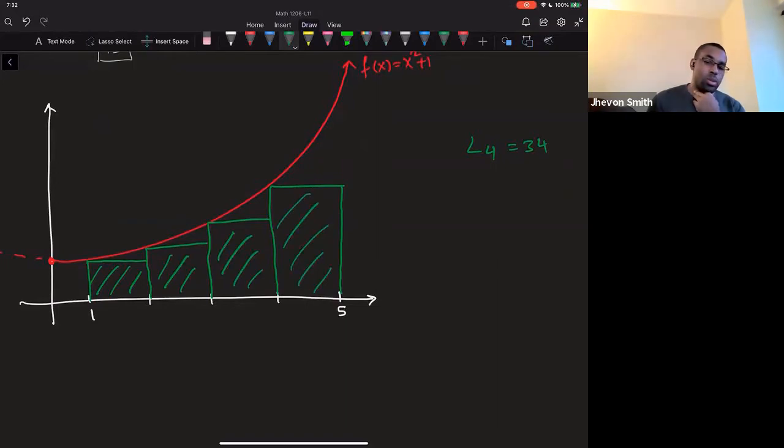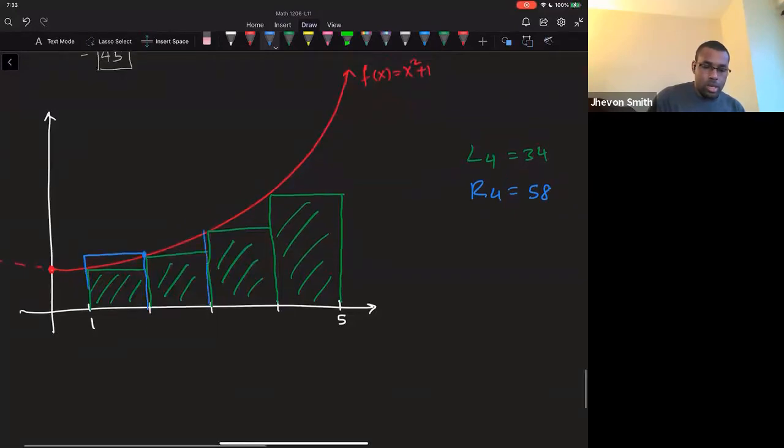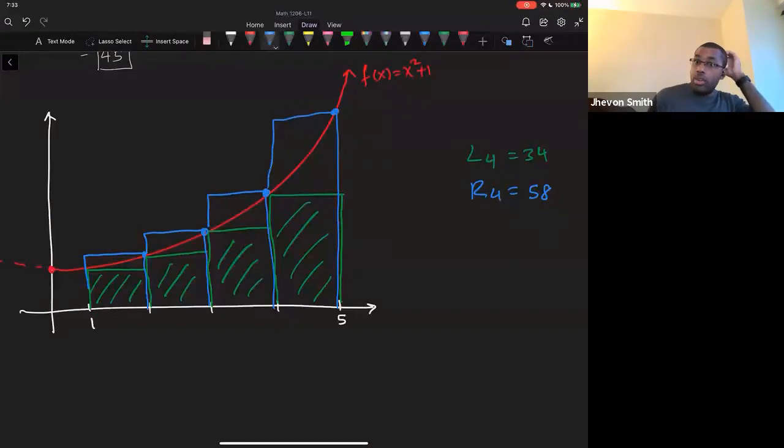We could also do the right hand. I think that was 58. So that would be like the blue coming up here and going over there. So that's clearly an overestimate. That's going to give you the 58.